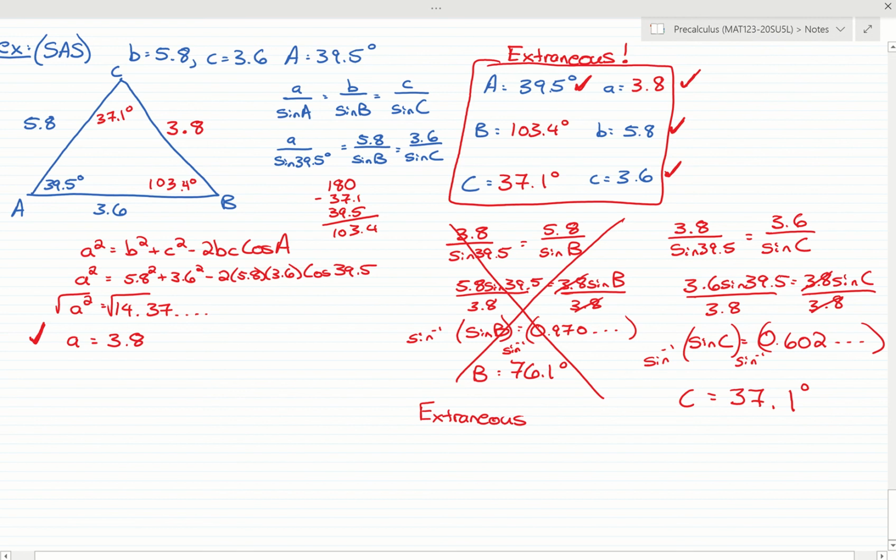And let's just make sure everything's good now. Largest angle, largest side, smallest angle, smallest side. So that checks out. So you could see an example where you have to check for extraneous solutions. And we did. So instead of finding one angle, we went for the other angle, and everything works out well.